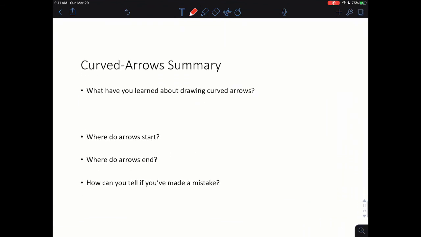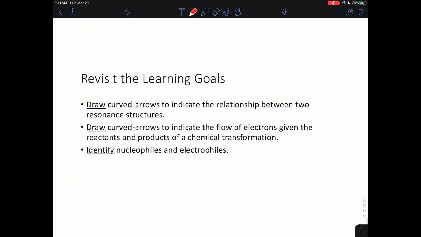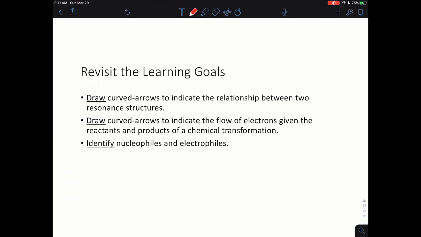So we should summarize what we've learned about drawing curved arrows. Be sure that you know where arrows start, where they end, and how you can tell if you've made a mistake. Hopefully you have achieved these goals, that we can now draw curved arrows to indicate the relationship between two resonance structures, that we can draw curved arrows to indicate the flow of electrons given the reactants and products of a single elementary step.